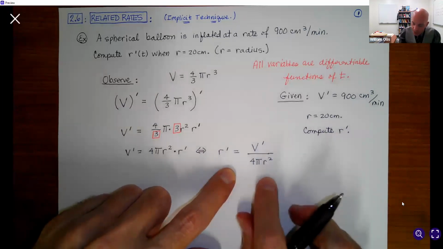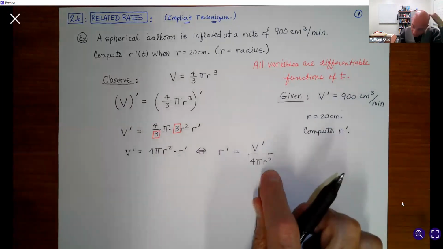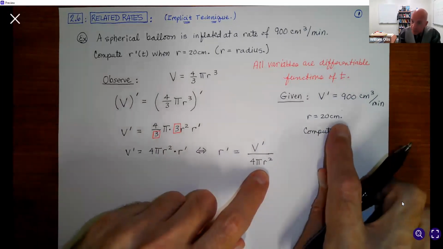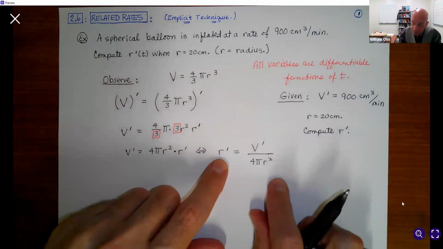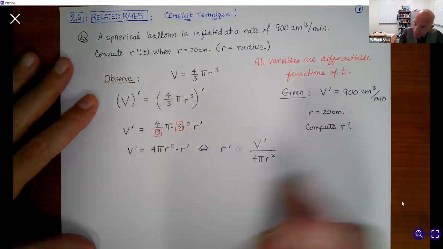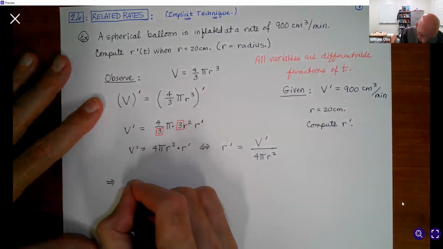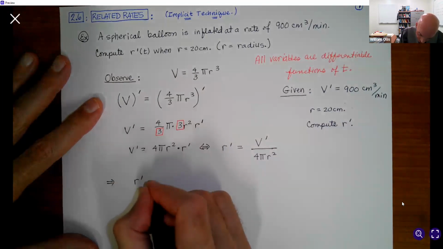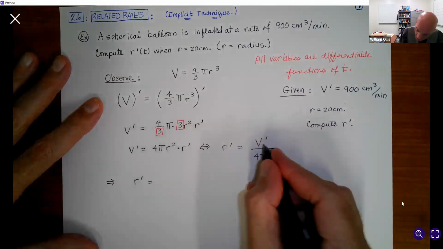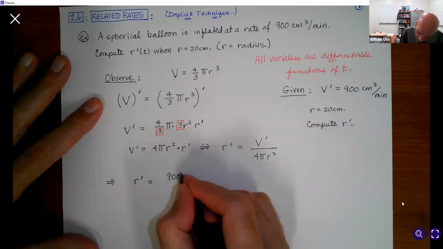Now, if you notice here, we have the B prime from the given, and we actually have the R from the given. That is, we are to compute R prime when these conditions hold. So fill in the details. This implies that R prime, under these conditions, we make the substitution, 900. You can include units if you want and just let the units absorb.